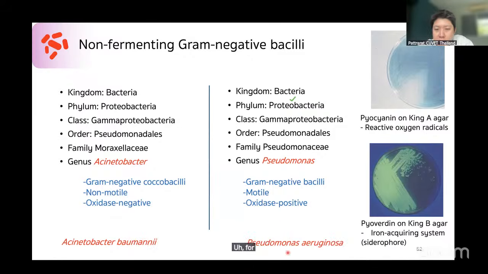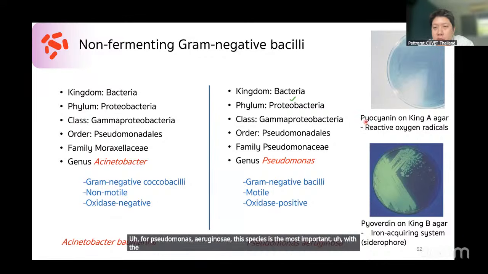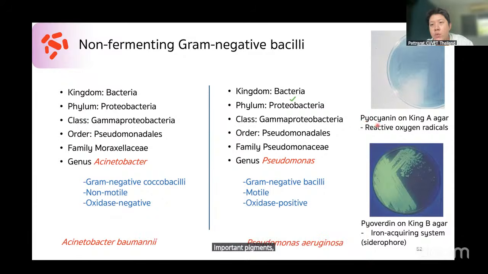Pseudomonas aeruginosa is the most important species, with the production of important pigments. When we grow Pseudomonas aeruginosa on King A agar, this condition induces the production of pyocyanin.